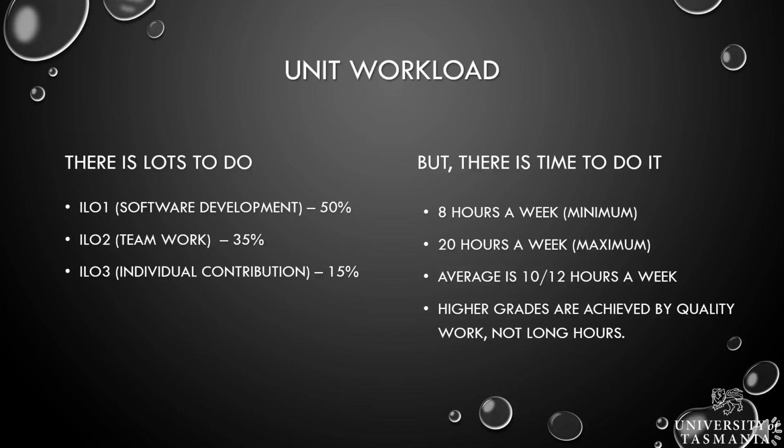So that is now weighted at 35%. If you are a member of a team who got through 301 simply by just attending, not participating, not initiating ideas, you are not going to pass this unit, because this ILO relates to performing strongly in those attributes.